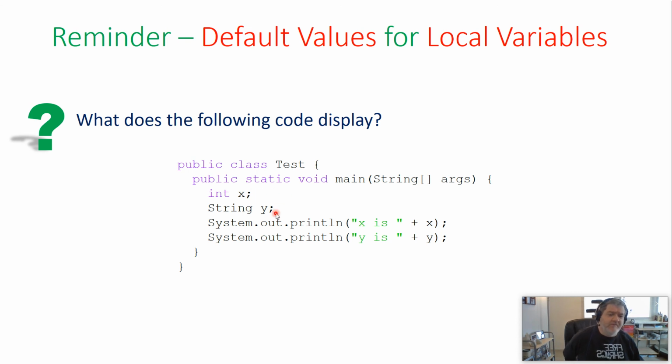One of the reasons is that here I didn't initialize the local variables myself, so I leave it up to Java. But Java is not going to initialize them either. Java always initializes attributes to a default value. But when it comes to local variables declared inside a method, Java doesn't care.